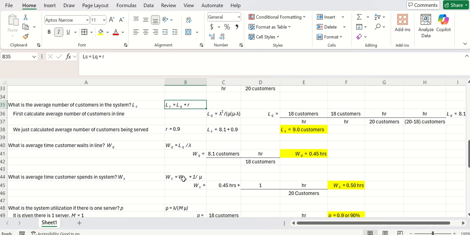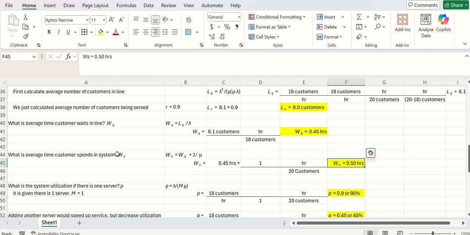So we have the 0.45 that we just calculated plus 1 divided by mu, which is 20 customers per hour. This ends up being 0.05 plus 0.45. So the amount of time that a customer would expect to be inside the bake shop is half an hour.